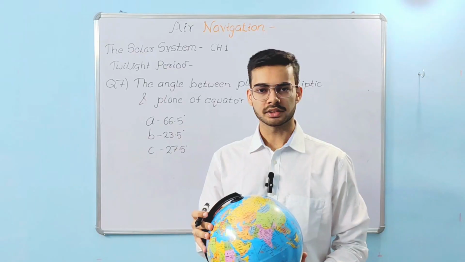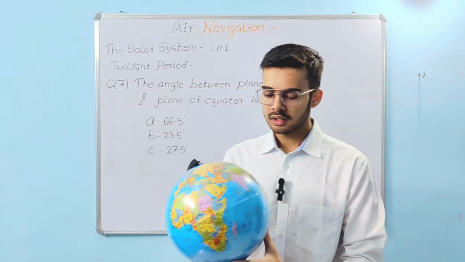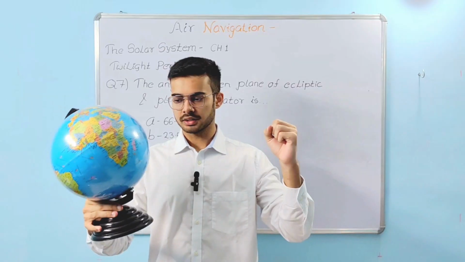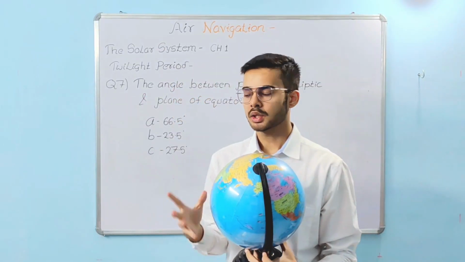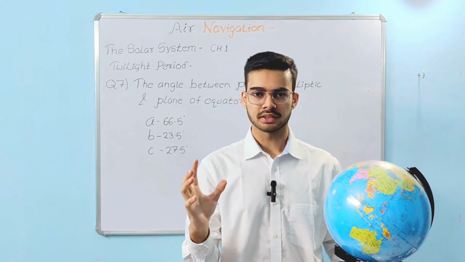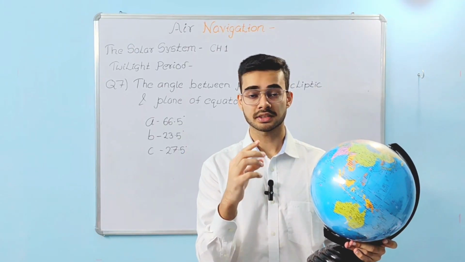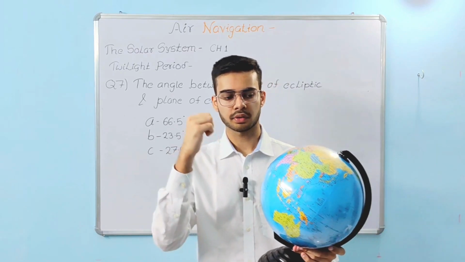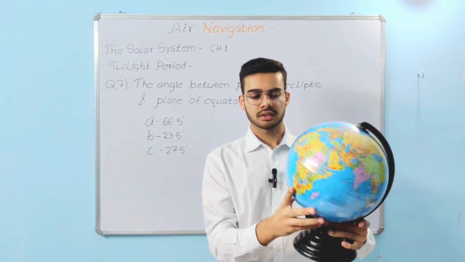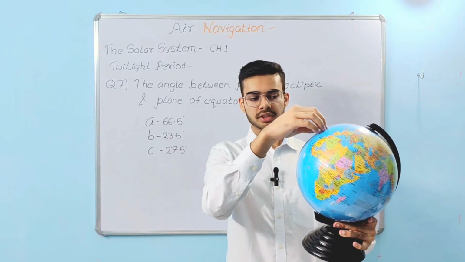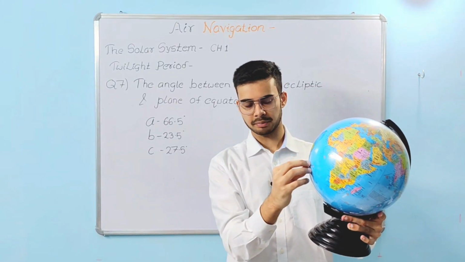We haven't even studied this yet, what is this that has come? The earth revolves around the sun, we know that. Now let's imagine it is not the earth that is revolving, but the sun that is revolving around the earth. How would it look? The topmost point would be 23.5 degrees north, the Tropic of Cancer, and the lowermost the Tropic of Capricorn.